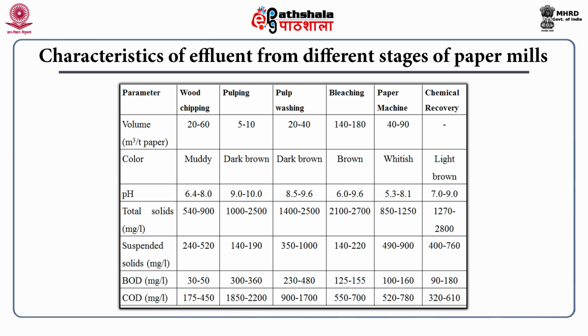BOD is 125 to 155 milligram per liter and COD is 550 milligram per liter to 700 milligram per liter. Dear student, please have a look at this table, and from this table you will find that wastewater generated from the paper mills is heavily loaded with color, BOD and COD, and large volumes of wastewater are generated for the production of per ton of paper.